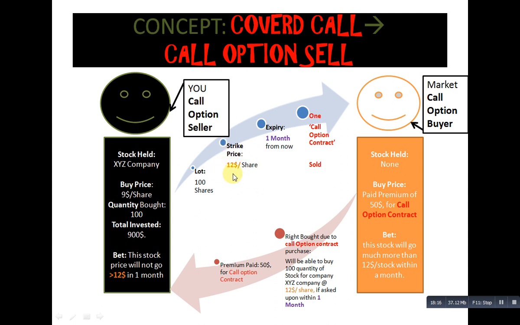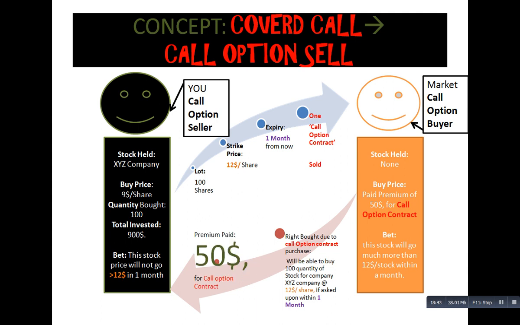Okay, $12 per share is the strike price. And we are saying this is a 1 month window, right? And the date within which this contract has to transact is called the expiry date. Okay, I hope this is clear. Now, what will happen if the price goes up or down, etc.? We are going to cover in the next slides.